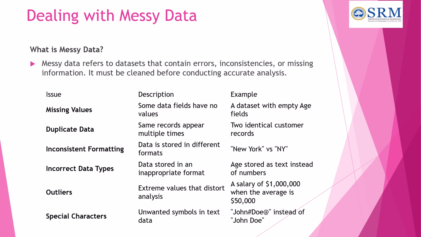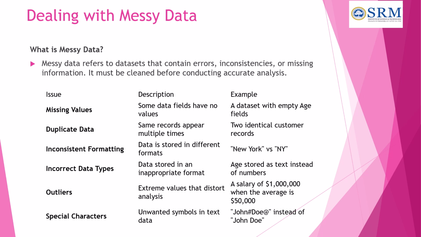We might also find duplicate entries where the same record appears more than once. Inconsistent formatting is another issue, like writing New York in one row and NY in another. Sometimes data is stored in the wrong format, such as an age being stored as text instead of a number.